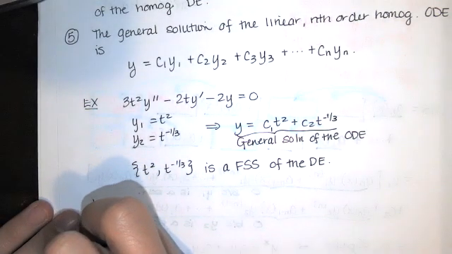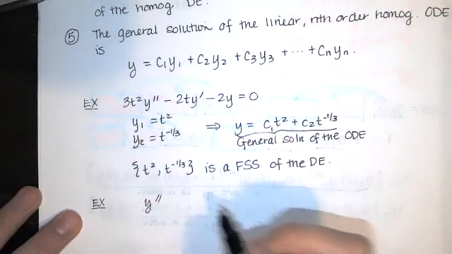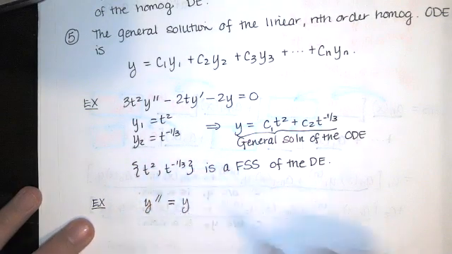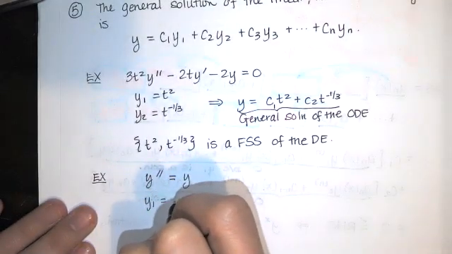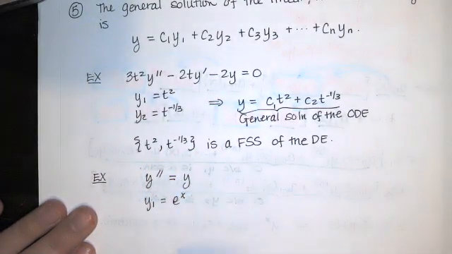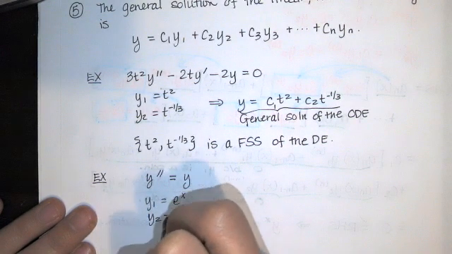Let's look at another one. Let's say you've got y double prime equals y. I think we all know that y equals e to the x will work, because if I take the second derivative of e to the x, I get e to the x back.